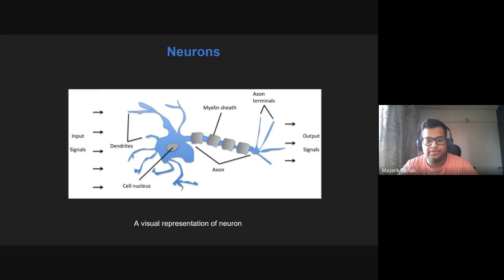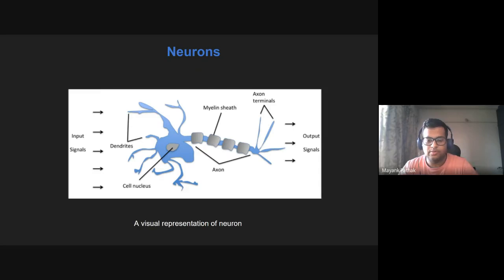So this is a visual representation of a neuron. A neuron is basically a cell in our brain, and it consists of many components like dendrites, cell nucleus, and axons.